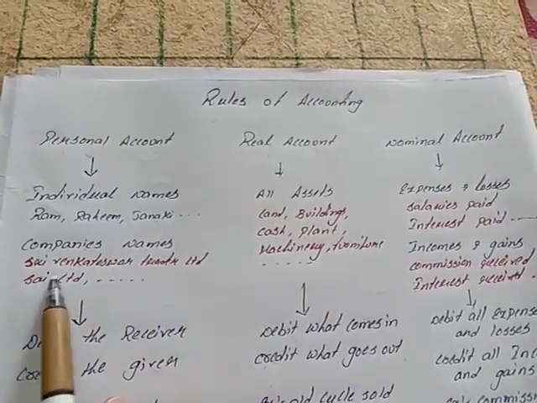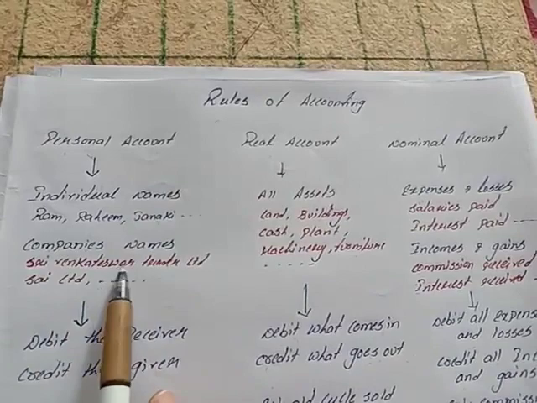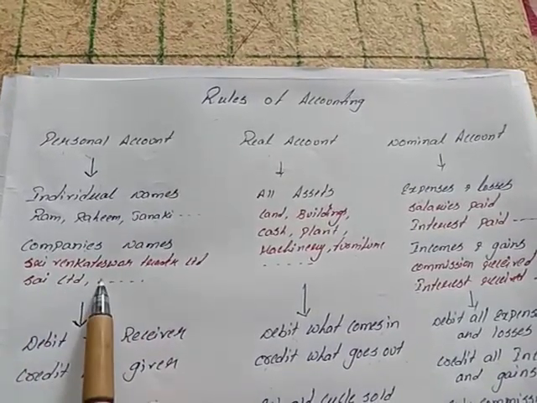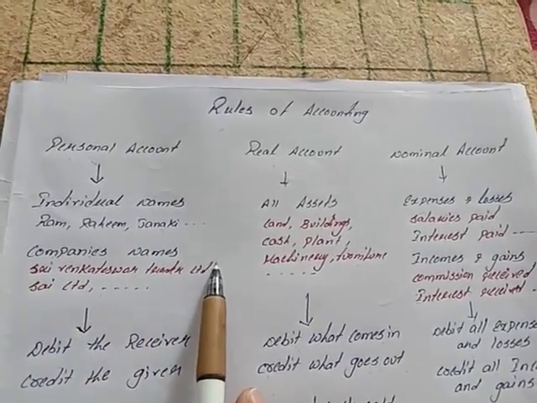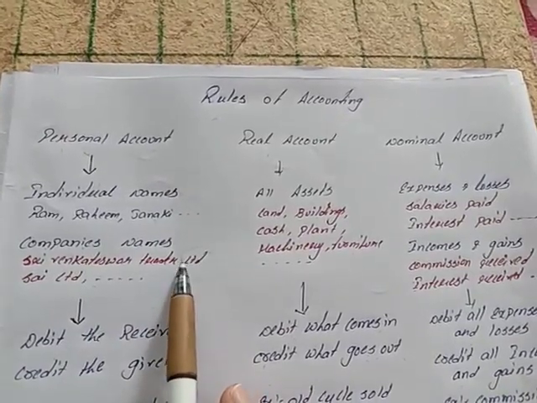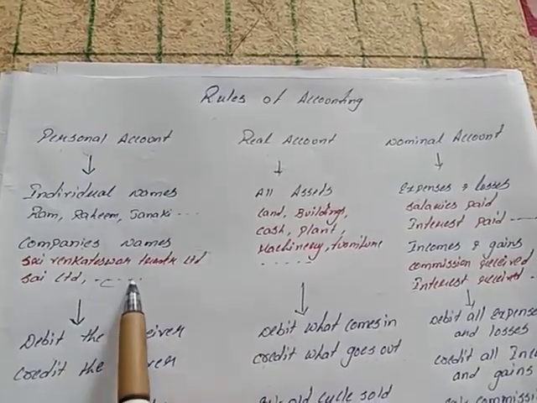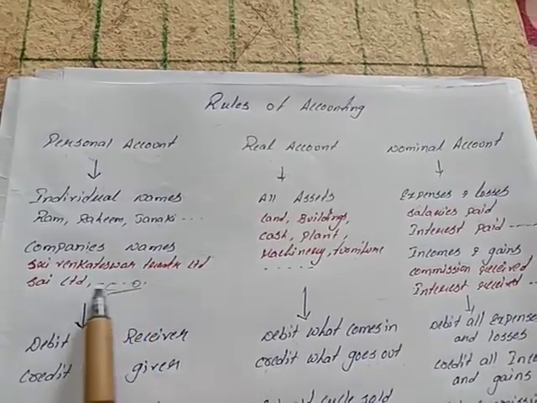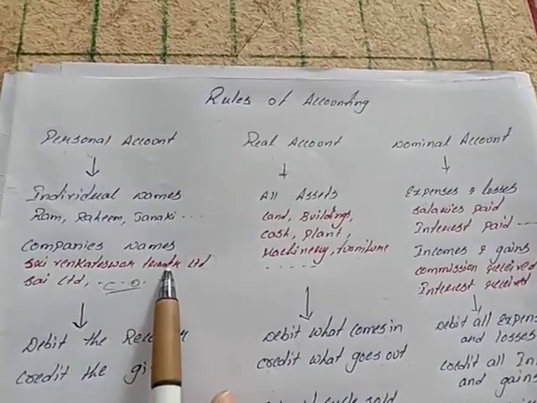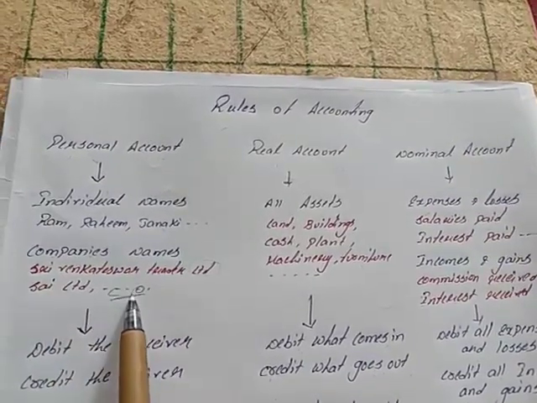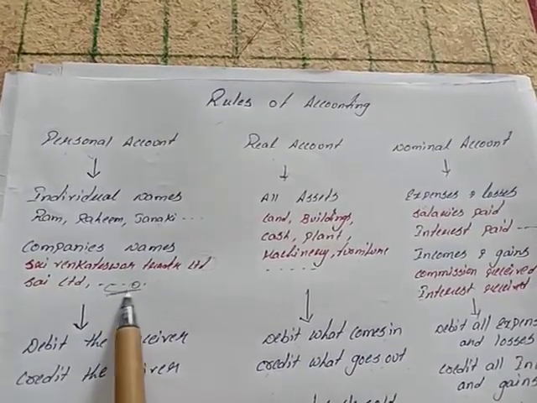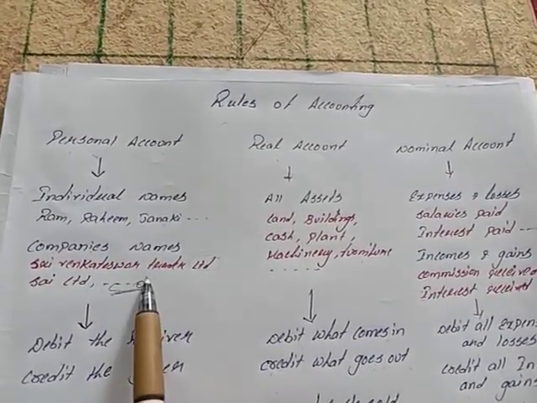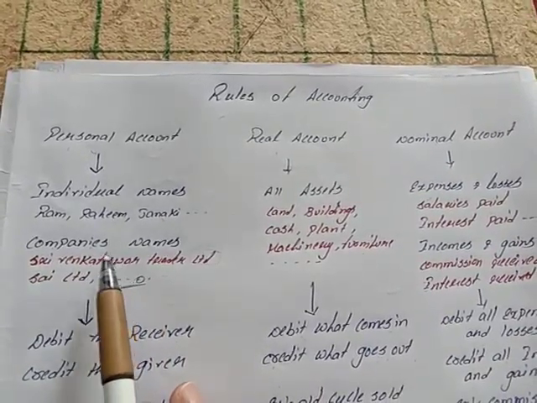Company names means companies like Sri Venkateshwara Traders Limited, Sai Limited and so on. So wherever the company's name ends with Limited or CO, that is nothing but a company. CO means company. So whether Sri Venkateshwara Traders or Sai Limited or the name of any company ends with CO, we can take them as company names.